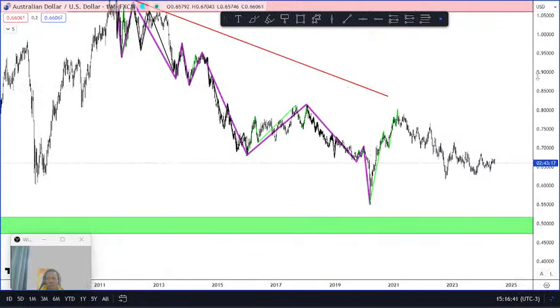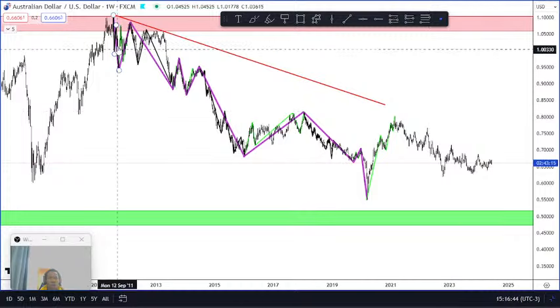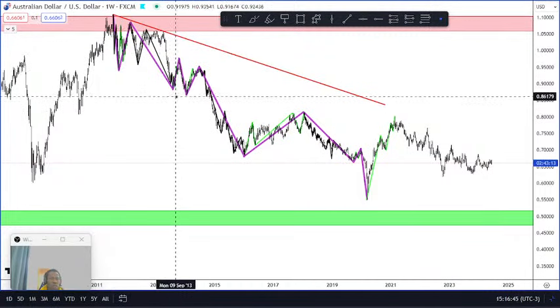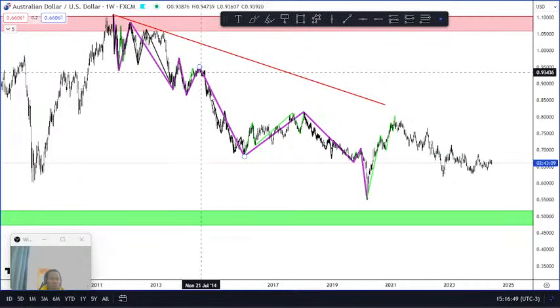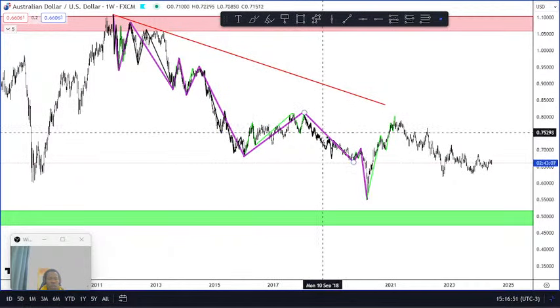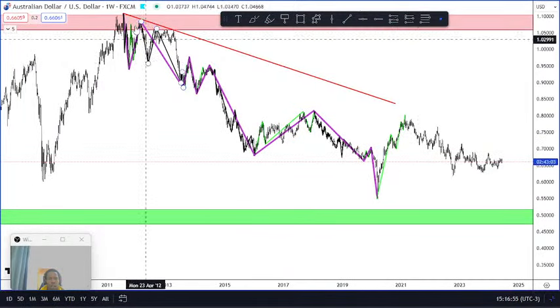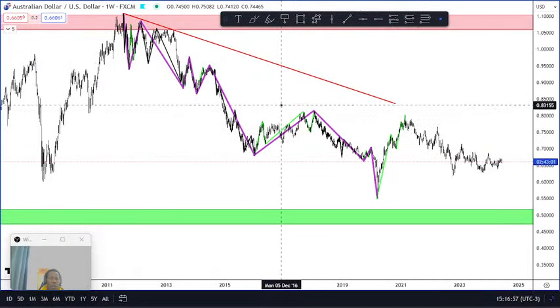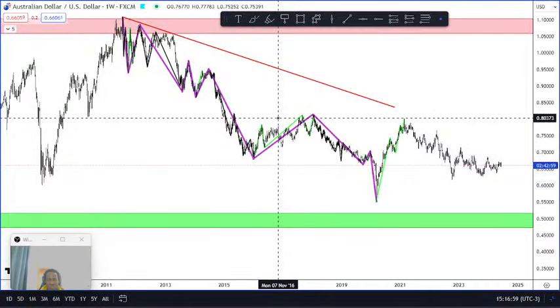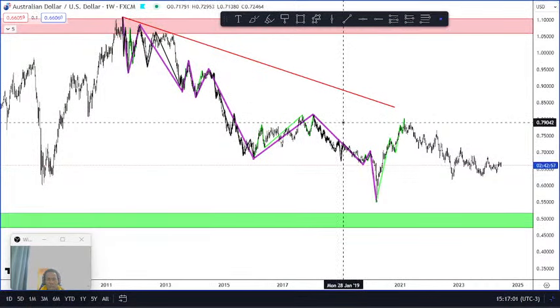Okay, so we have an extension, retracement, extension to this level, retracement, extension, retracement, extension, retracement, extension, retracement, extension, right? And the trend is confirming that this market structure is down, all right now.